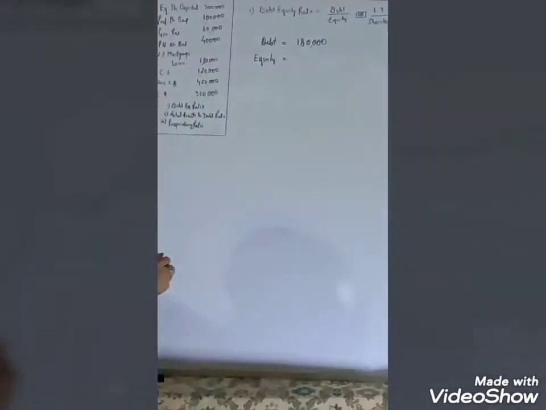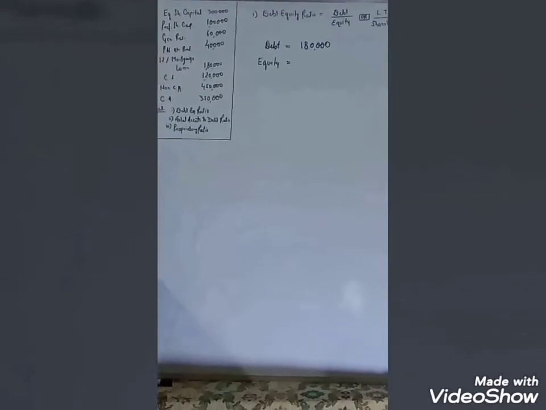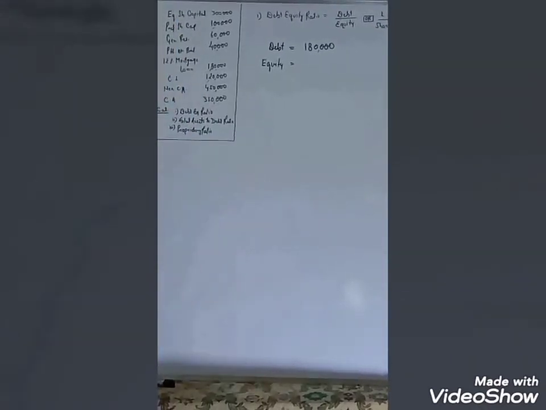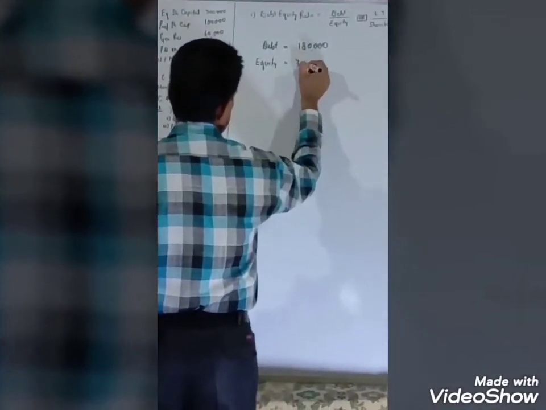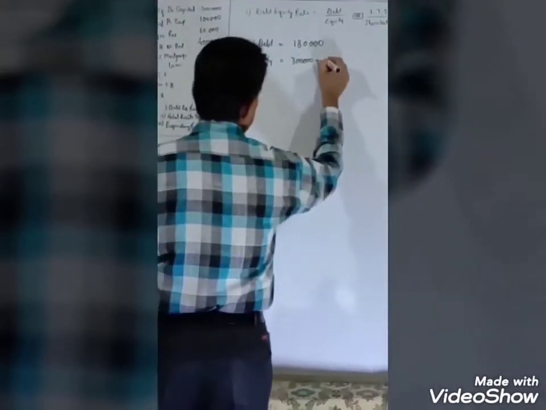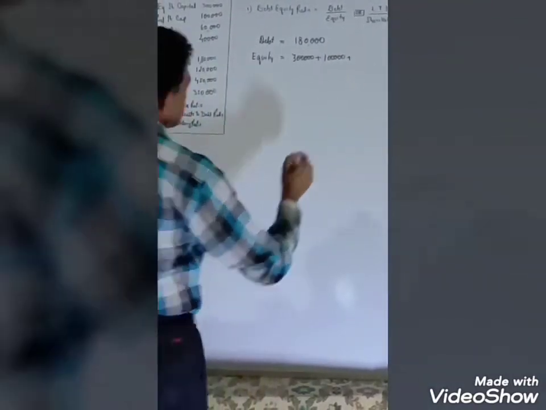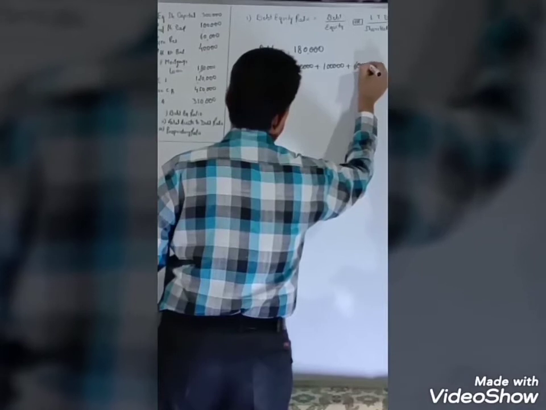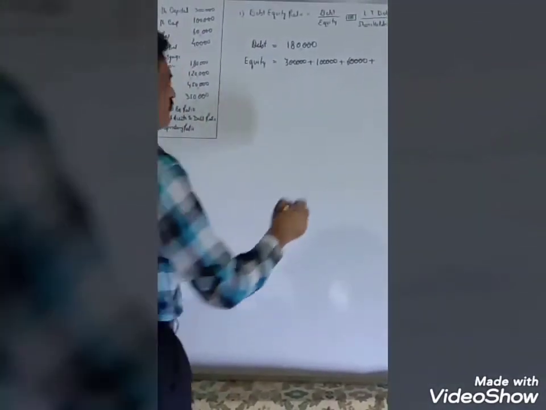Now we have to calculate equity. Equity means shareholders' funds. Equity consists of equity share capital, preference share capital, general reserve, profit and loss account balance, and that's it. This is the information that is given. So equity share capital is rupees 3 lakh plus preference share capital rupees 1 lakh plus general reserve rupees 60,000 plus profit and loss account balance rupees 40,000.